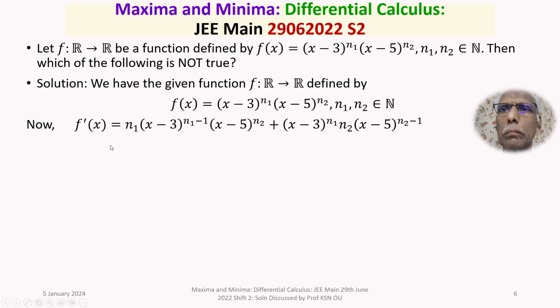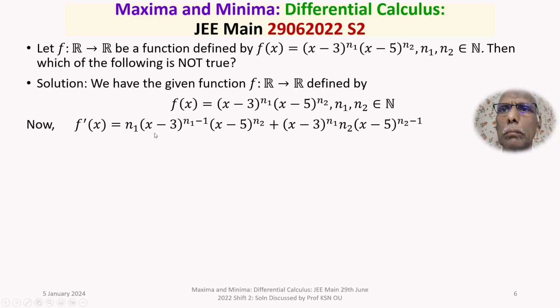So f prime x is equal to, using the product rule of differentiation, the derivative of the first function, n1 into (x minus 3) to the power of n1 minus 1, into the second function, plus first function into the derivative of the second, that is n2 into (x minus 5) to the power of n2 minus 1.